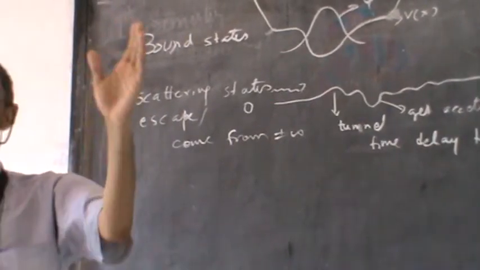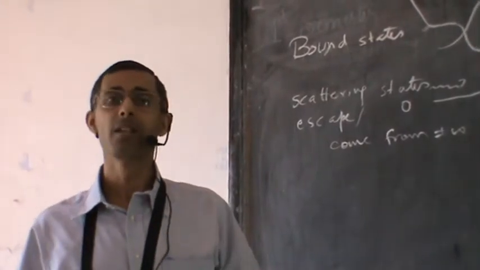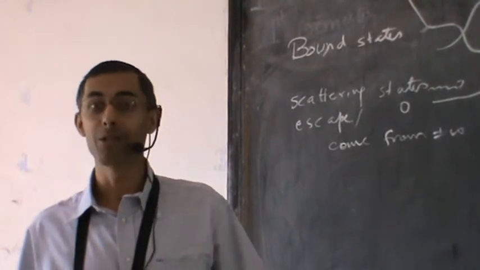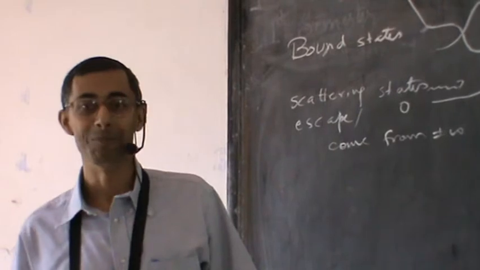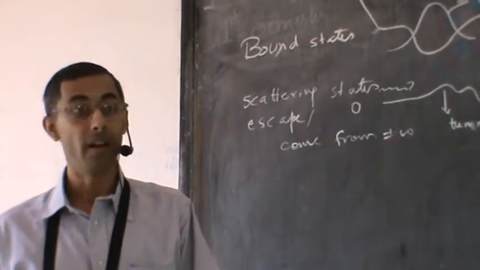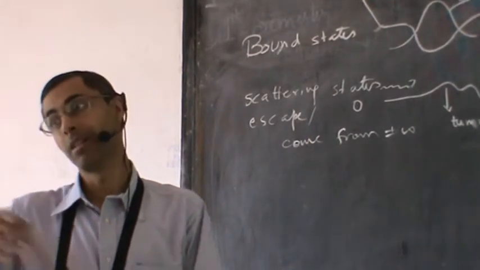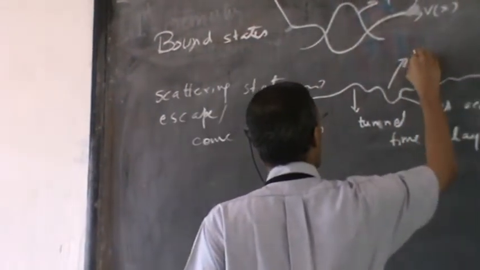A comet coming from far away may be near the sun for our lifetime of 70, 80 years. We may think it is trapped over there, but four generations from now, they will tell us that it went away. In quantum mechanics, such a thing is called a resonance. A resonance is something that is trapped for some amount of time, but eventually goes away.